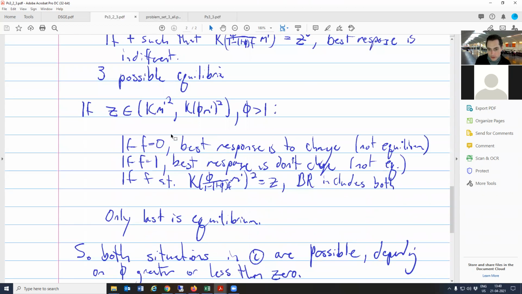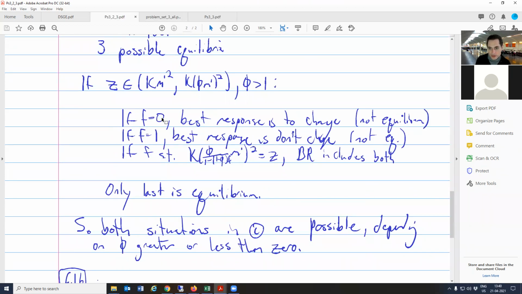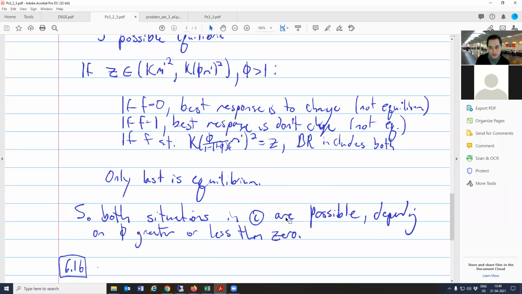So there, again, if f is equal to 0, best response is to change. That's not an equilibrium. If f is equal to 1, best response is don't change. That's also not an equilibrium. And if f is such that this equation holds, then the best response includes both, and only the last one there is an equilibrium. So both situations that they asked for in the problem are actually possible.